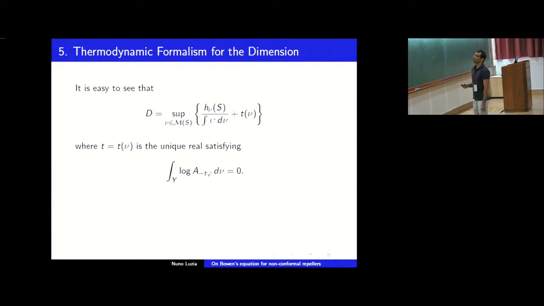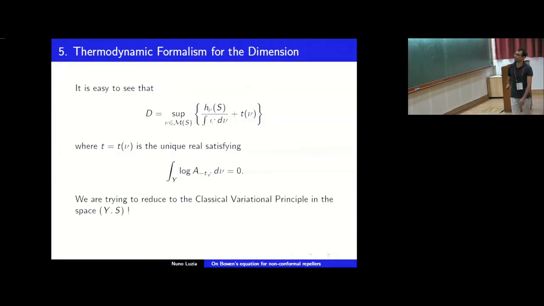That gives the Hausdorff dimension of a typical fiber, horizontal fiber, okay? With respect to the measure nu. It's like a random conformal case, okay, in the fibers. So as we say, we are doing this because we are trying to reduce to the classical variational principle in the vertical space.